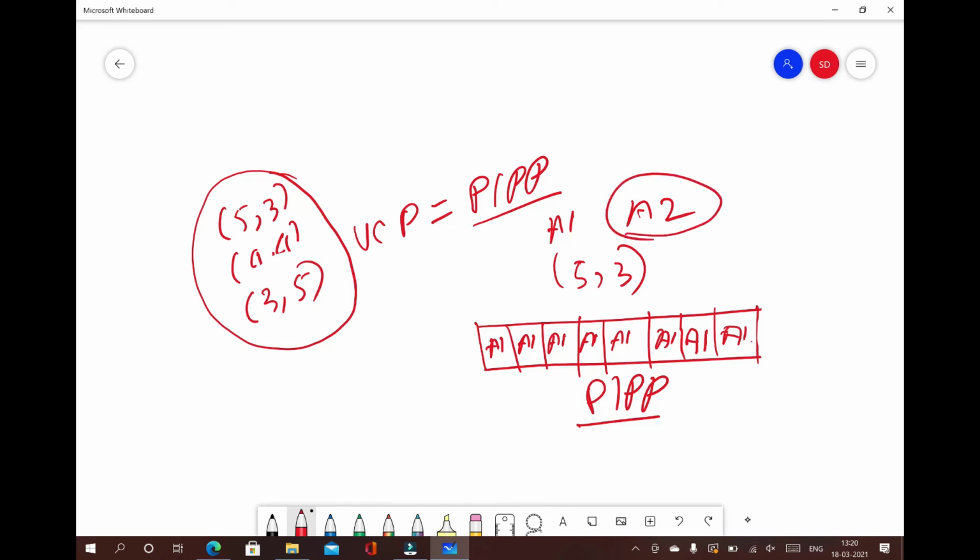This type of situation may arise in PIPP, and that's why we propose CCPIP. In CCPIP this type of deviation is not allowed; the deviation is a controlled deviation. Controlled deviation means that when we are deviating, we will take care that one application cannot remove all the partitions from any other application.